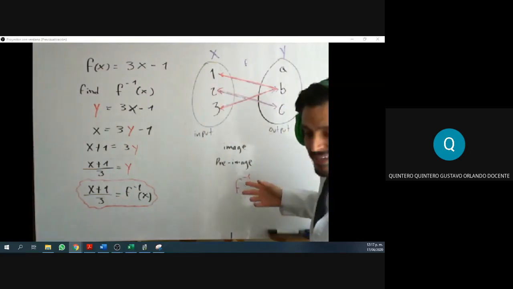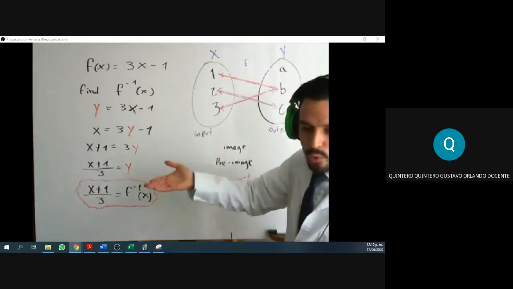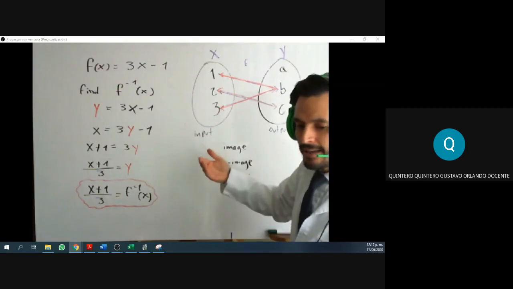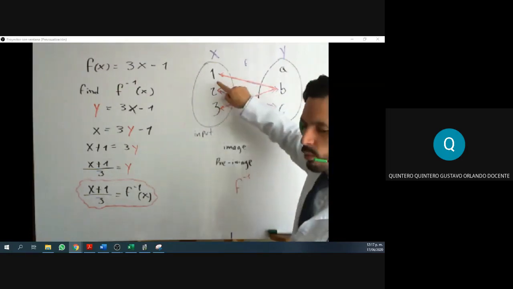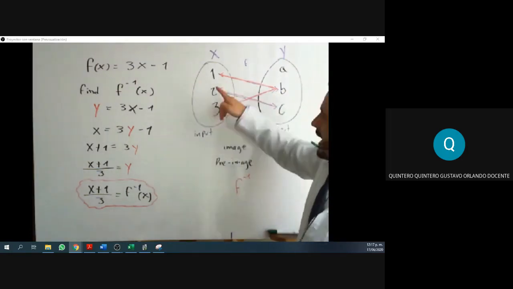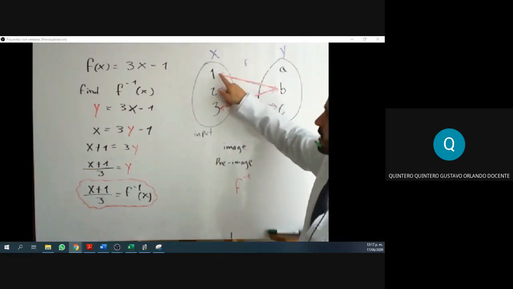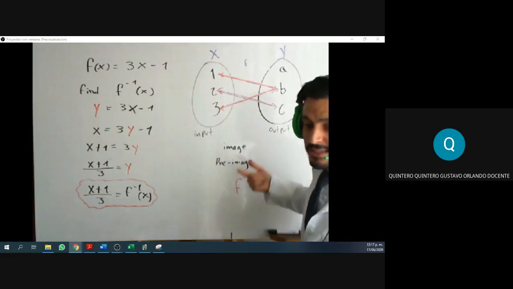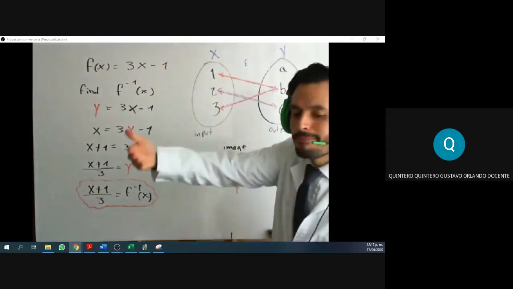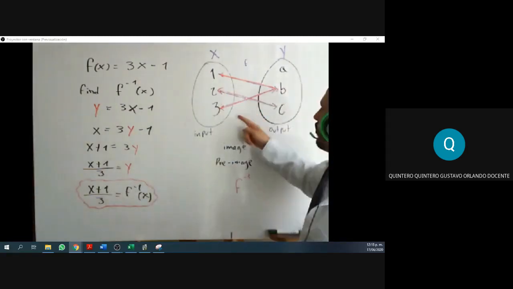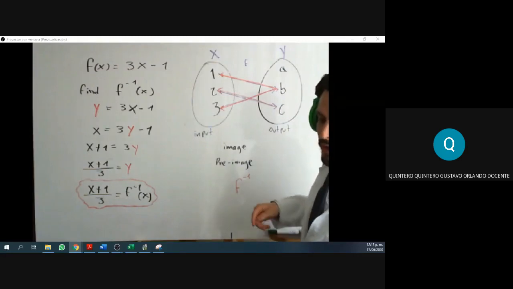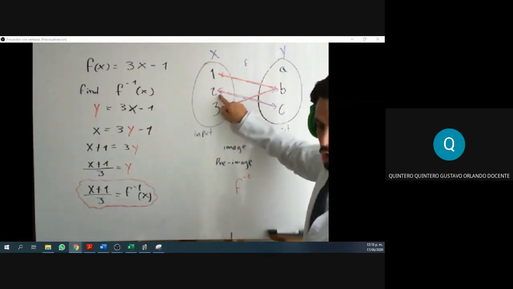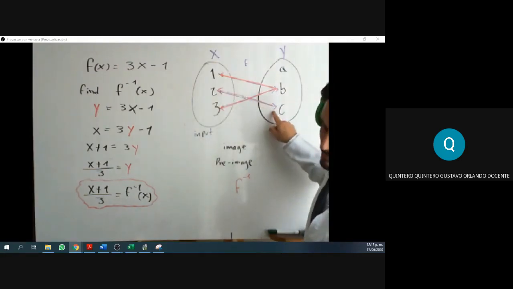As you guys see, all I did was going backwards from the same line. I just switched the direction of the arrow. In the beginning, the line F was from 1 to B. The inverse is now from B to 1. Same with every other element. From 2, I went to C. The inverse makes it so that from C, I go to 2.